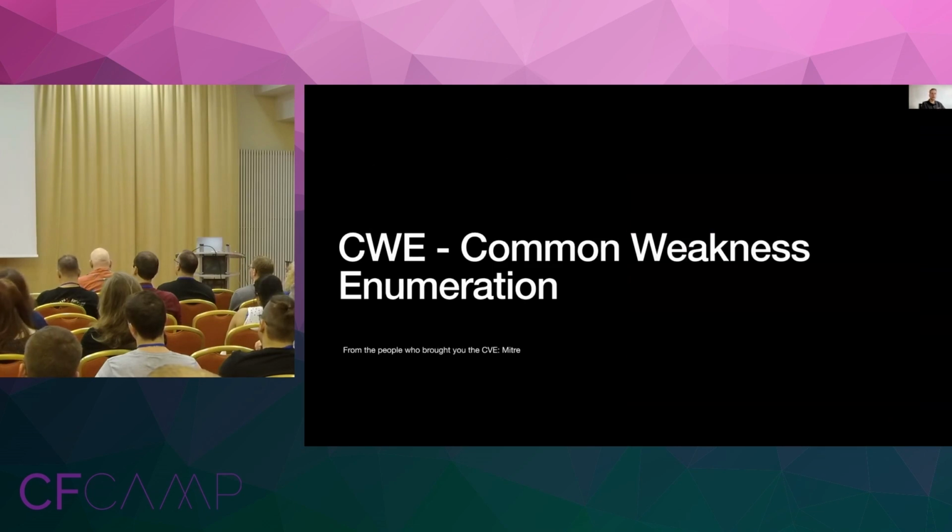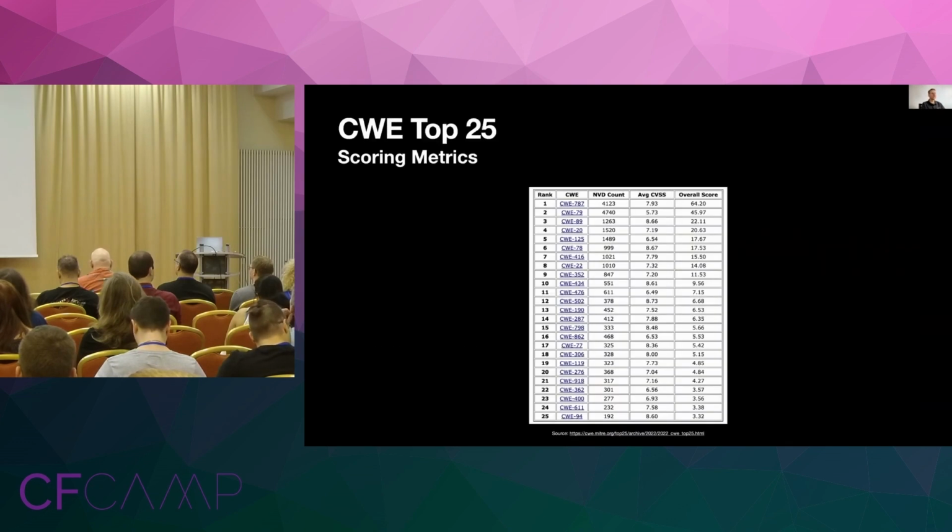It's a way of picking out or classifying a software weakness type. So this is what the CWE top 25 list looks like. Each weakness has a number, but we'll get into the details of what the actual weaknesses are.